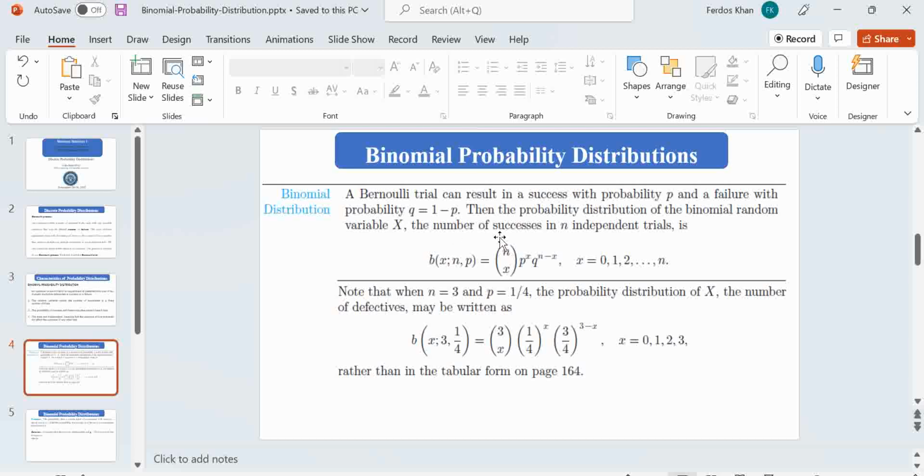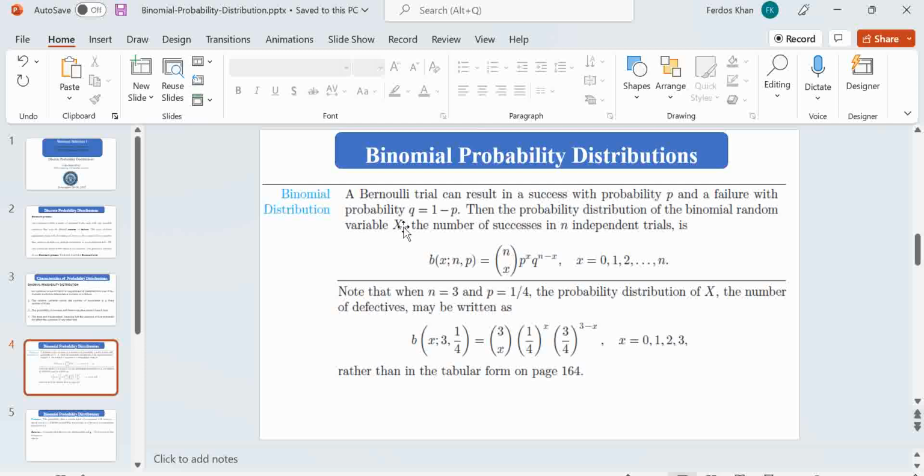Okay, so this is the definition of binomial probability distribution. A Bernoulli trial can result in a success with the probability p and a failure with the probability q, which is equal to 1 minus p. Then the probability distribution of binomial random variable x, which satisfies those four characteristic properties, is the number of successes in n independent trials.